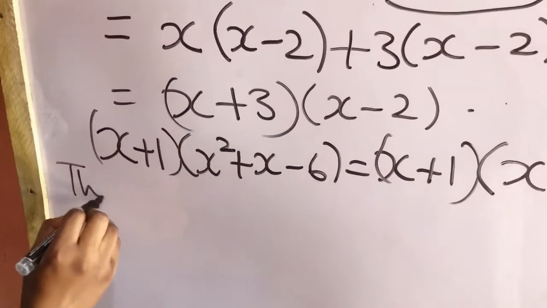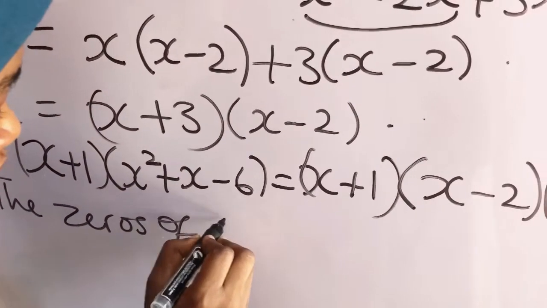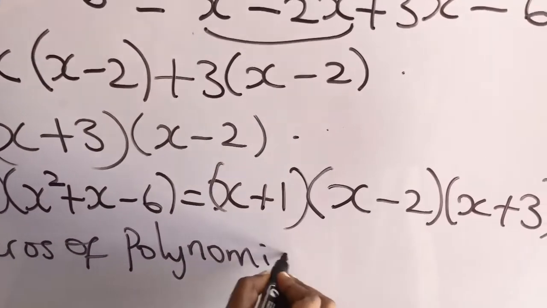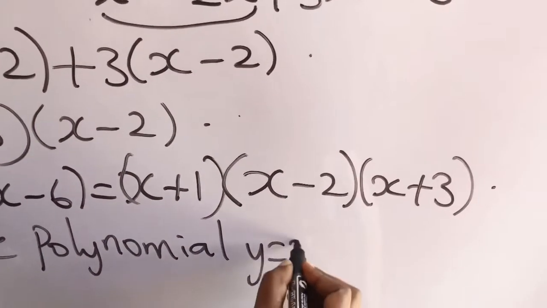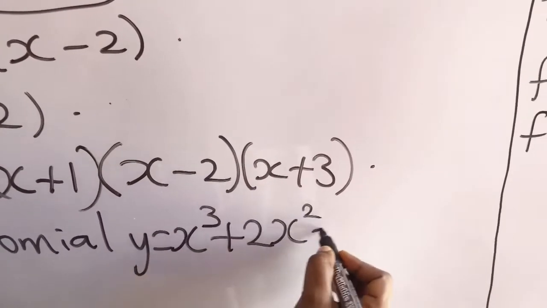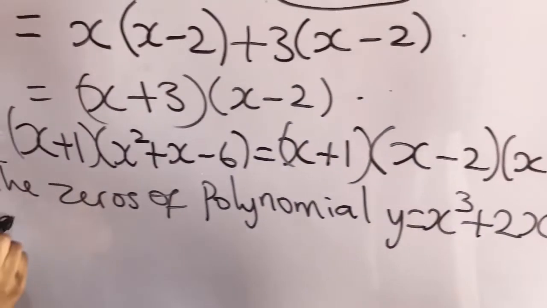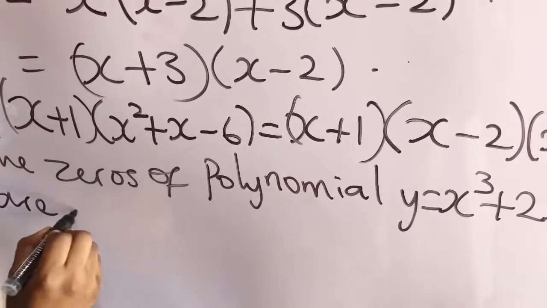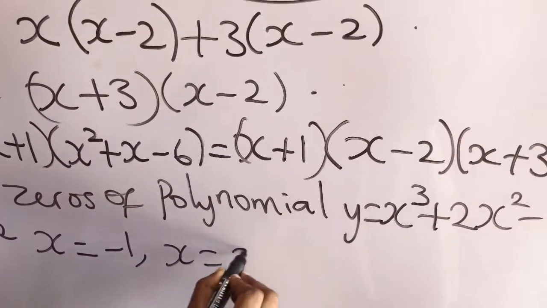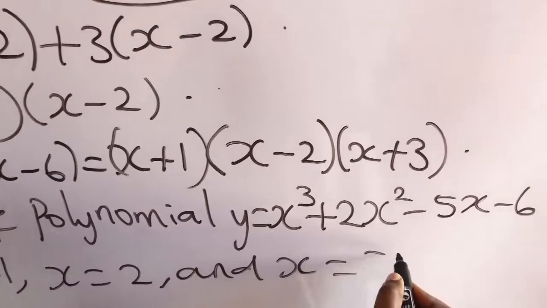So the zeros of the polynomial y is equal to x cubed plus 2x squared minus 5x minus 6 are x is equal to minus 1, x is equal to 2, and x is equal to minus 3.